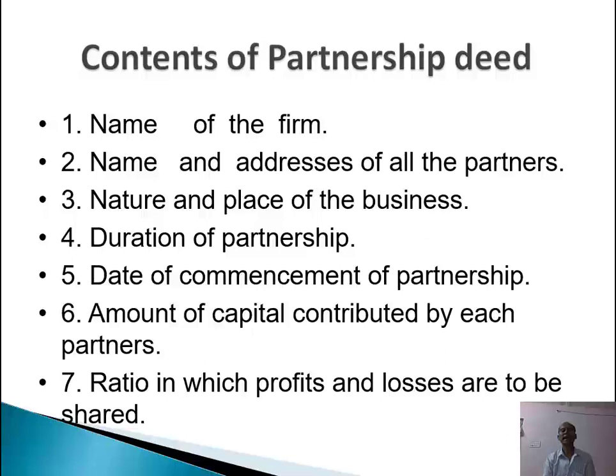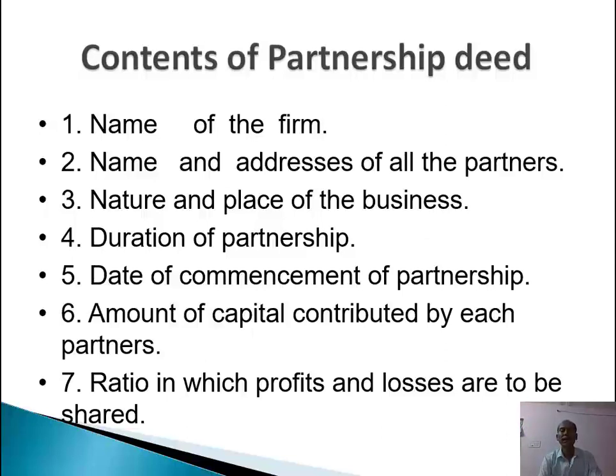What is the nature of the business which is going to be carried on by the partners? And where is your firm? Where do you do your business? It should be clearly mentioned. If it is started to manufacture the chips which are used for computers, the nature is manufacture of chips.